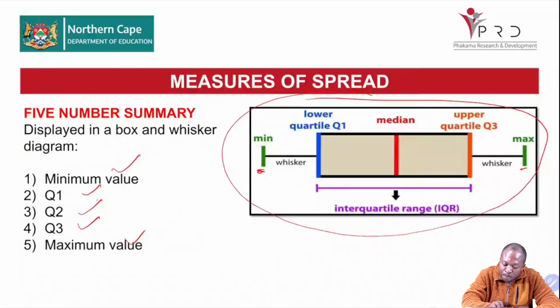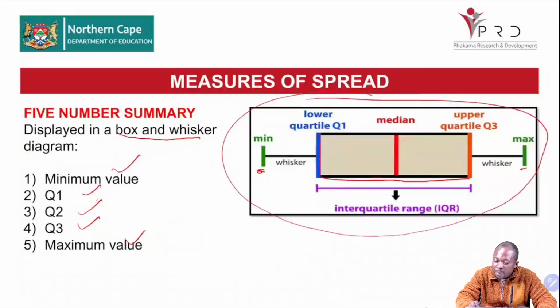We call it box and whisker plot, or box and whisker diagram. Say it again, box and whisker. Box and whisker. So here is the box. Do you see it? Here is our box, and then these are the whiskers. Okay. So that's why we call it what? Box and whisker plot. What do we use to plot the box and whisker plot?